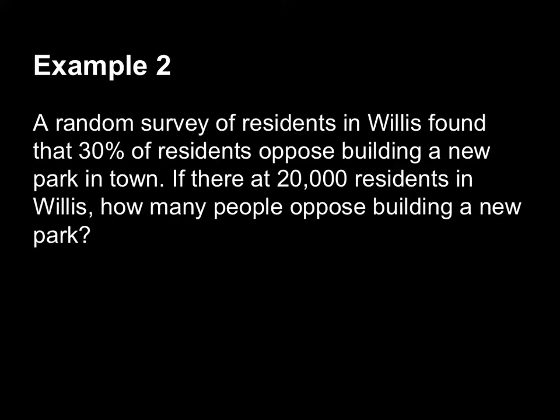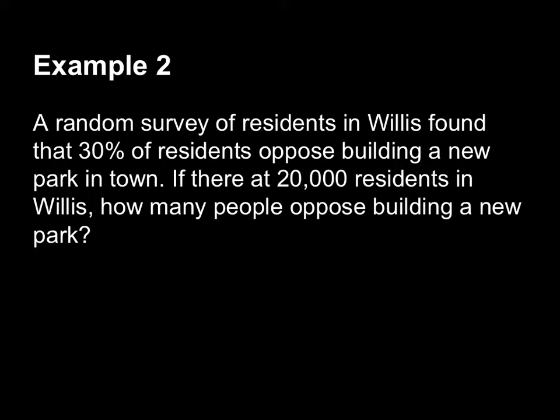For our second example, we have a random survey of residents in Willis, and it finds that 30% of residents oppose building a new park in town. If there are 20,000 residents in Willis, how many people oppose building a new park?